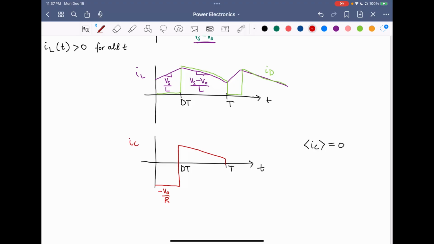And likewise, we'll see this pattern repeat continuously because we're operating in periodic steady state.